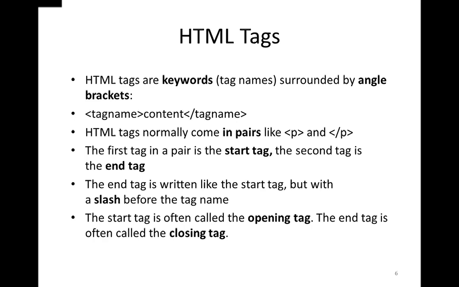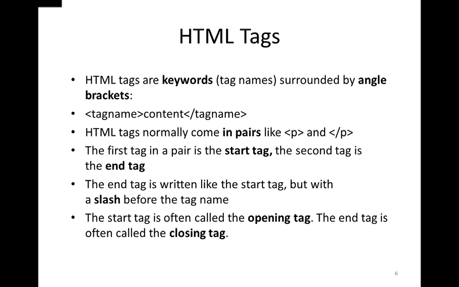Coming to these HTML tags, if you observe them, they come in a pair. There is something called an open tag and of course there is a closing tag. The difference between the open tag and the closing tag is that in a closing tag a slash is added, nothing else.